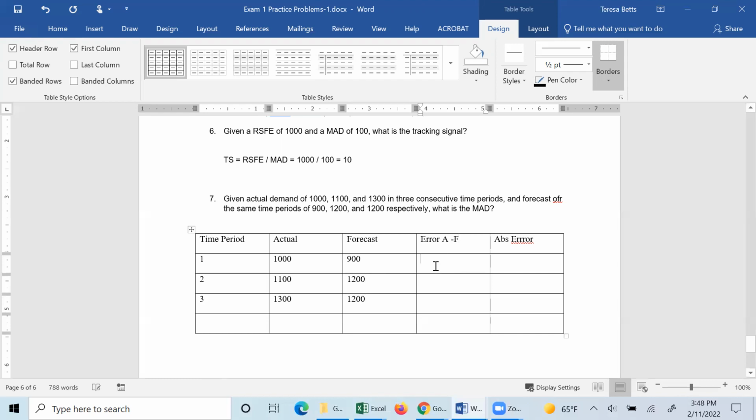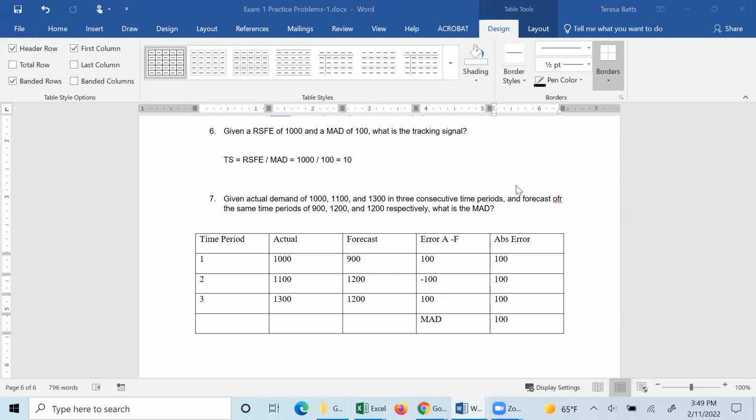So 1,000 minus 900 is 100. 1,100 minus 1,200 is minus 100, right? And 1,300 minus 1,200 is 100. So my absolute error is 100, 100, and 100. And so then it's pretty easy to see in this example, my MAD is going to be 100 because the average of those three values is going to be 100. Okay.